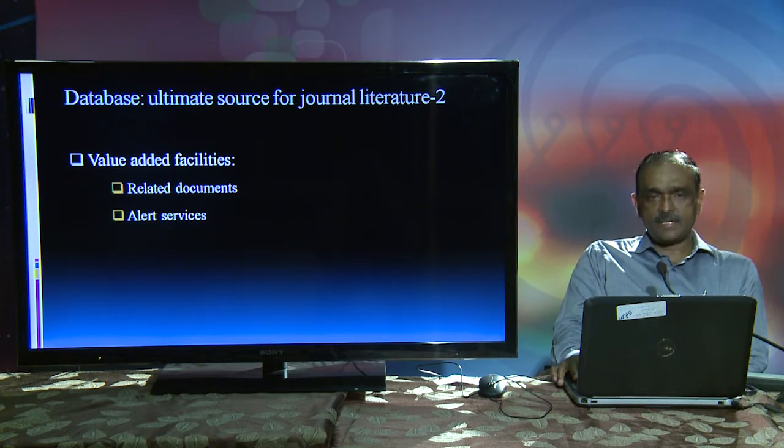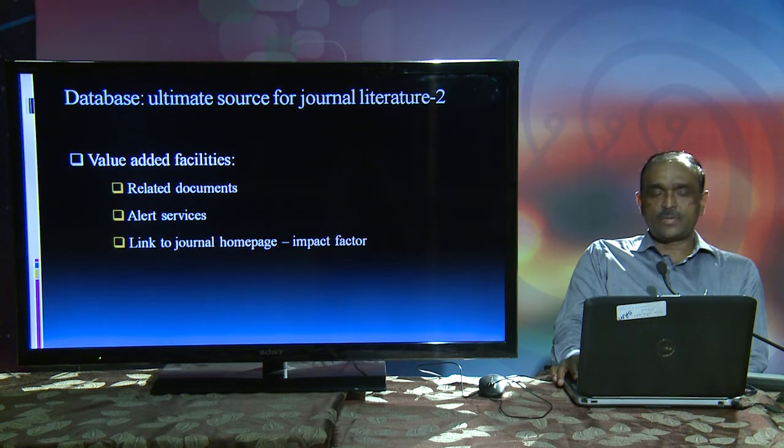This is an important facility through which you can communicate topics of your interest to the database, and the database will keep on emailing you the articles or other contents that are relevant to your input topic. Databases also provide a link to the home page of the journals. By going to the home page of the journals, you can browse the contents of earlier issues, and you can also know the impact factor of the journals.